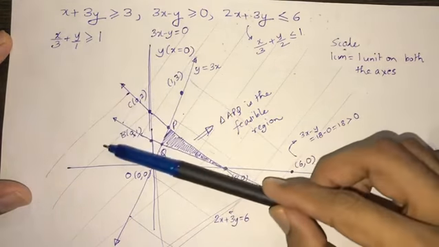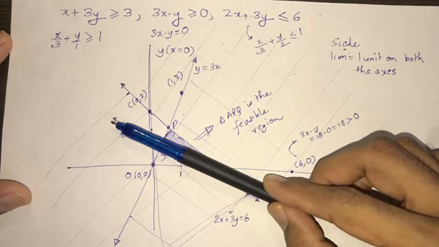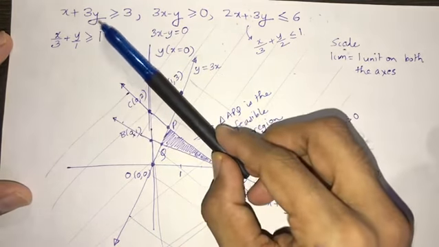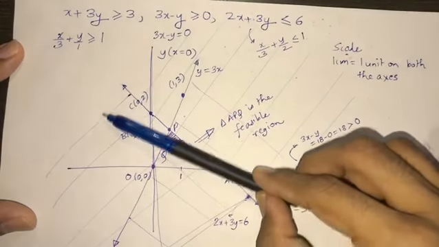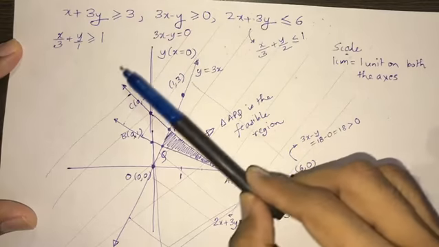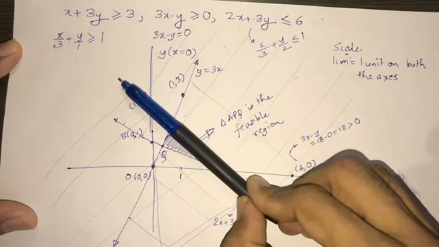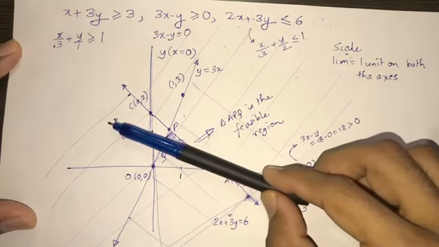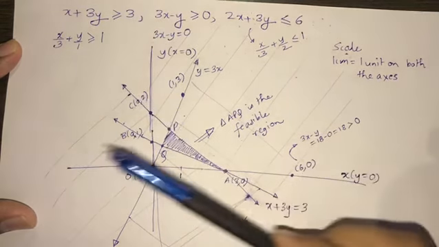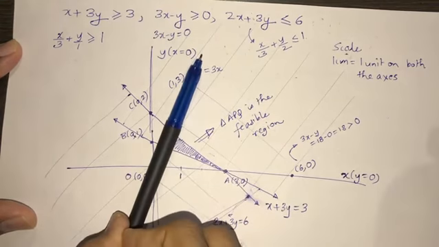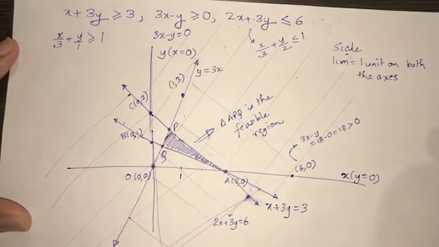I'm talking about this AB as the first straight line, non-origin side. The third straight line is the origin side.